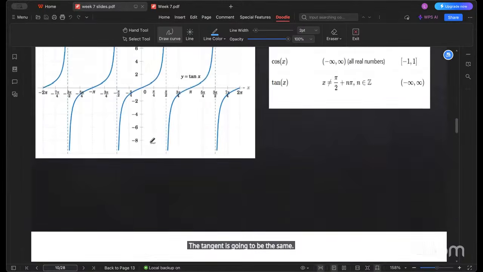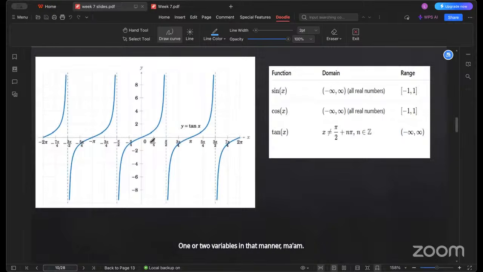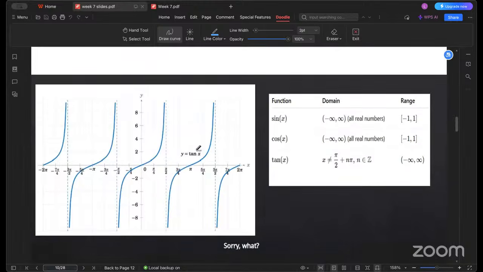Does the behavior depend on the number of variables the function depends on, ma'am? So if it is a single variable function or a multivariable function, is that what you are asking? Yes, ma'am. In the case of multivariable functions, we cannot visualize beyond 3D.